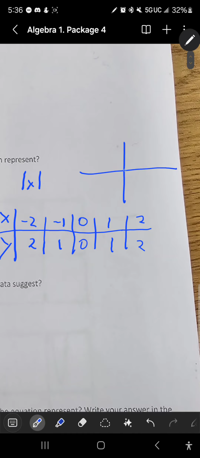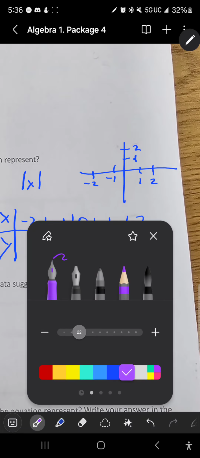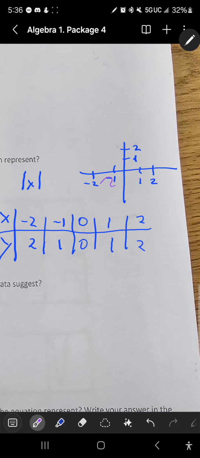So my points are (-2, 2), (-1, 1), (0, 0), (1, 1), (2, 2). And then I can graph it, and I get this, which is the same as I drew before.